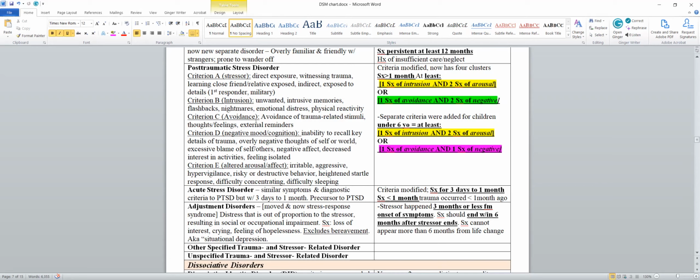Symptoms are less than 1 month, and the trauma has to occur within 1 month. So acute stress disorder, 3 days to 1 month, occurs less than 1 month from the trauma. If it's more than 1 month, then it turns into PTSD, depending on what criteria it meets.